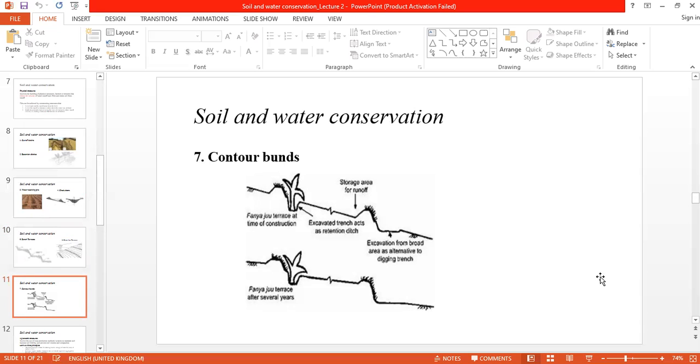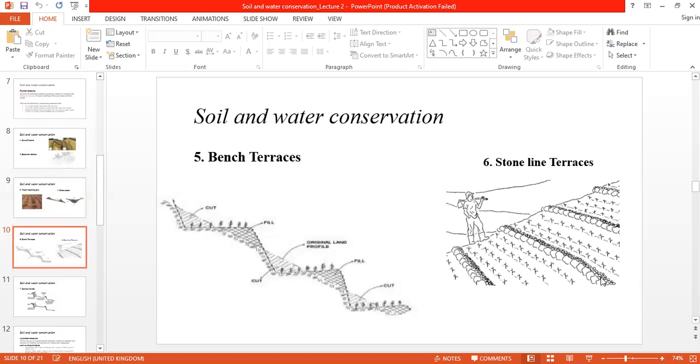Anyway, I'm trying to relate them to the erosion factors that we've discussed so far. Are they not in the P category? Yes.